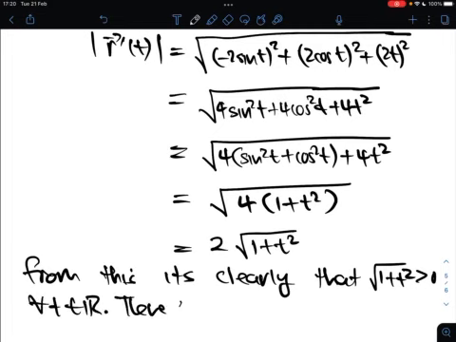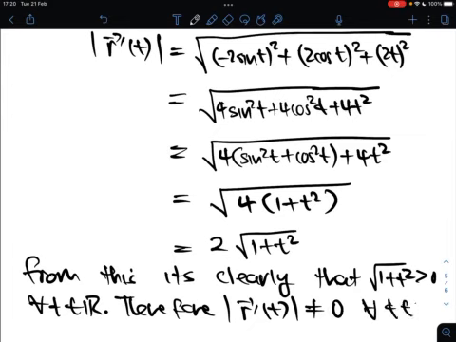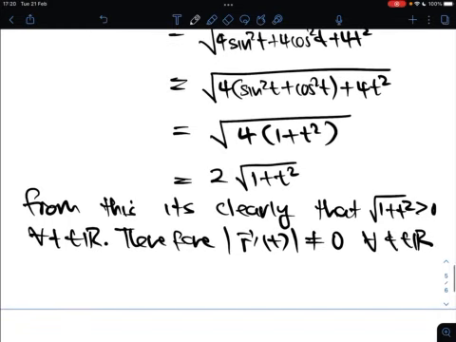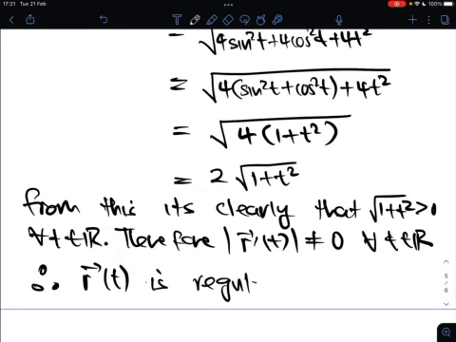Therefore, the magnitude of R prime of t is not equal to 0 for all t elements of real numbers. Therefore, R of t is regular on R.